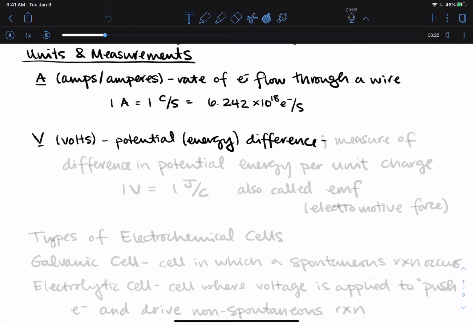So officially, I guess just in a few more words, let's make that a semicolon. It's the measure of the difference in potential energy per unit of charge.